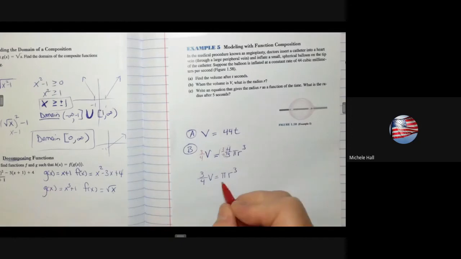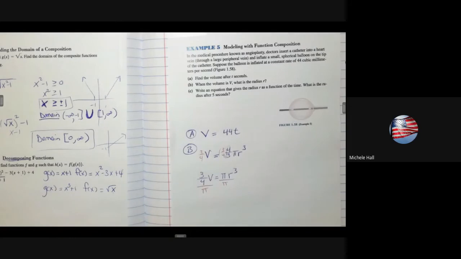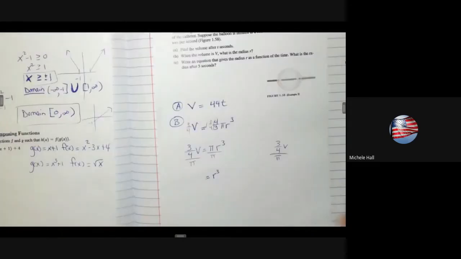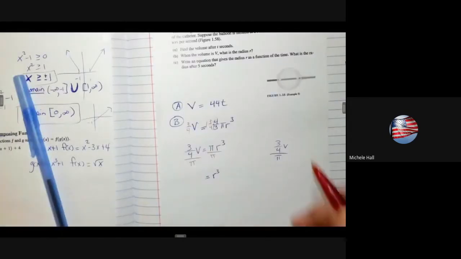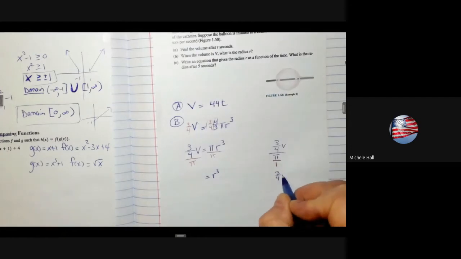We could divide by pi. And we have R cubed equals, let's see, if I do 3/4 V divided by pi, I know that when I'm dividing, I need to flip and multiply. So I'm going to make this a fraction and then flip and multiply. So that would be 3/4 V times 1/pi.